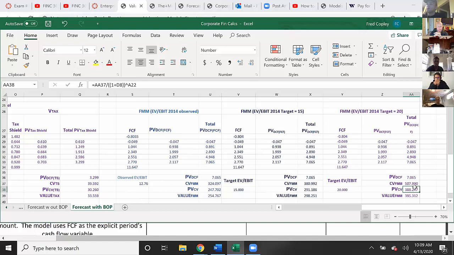As you can see, right here we have a target multiple of 20, so that brings these two results out higher. Fred, we were unable to hear you there for a moment.